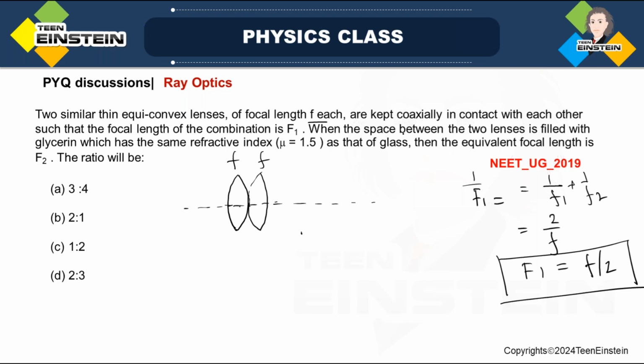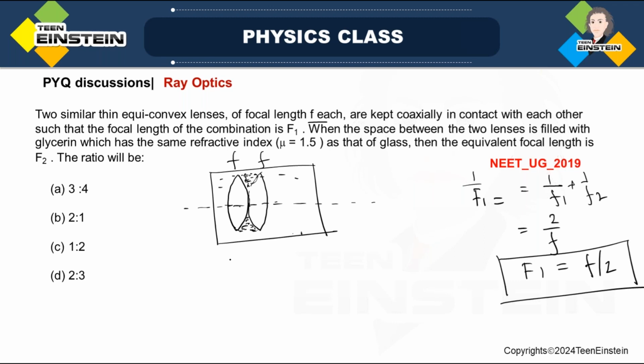Now second thing is, when the space between them is filled with glycerin, now look, it is filled with glycerin. So what will happen, this place will act as another concave lens.